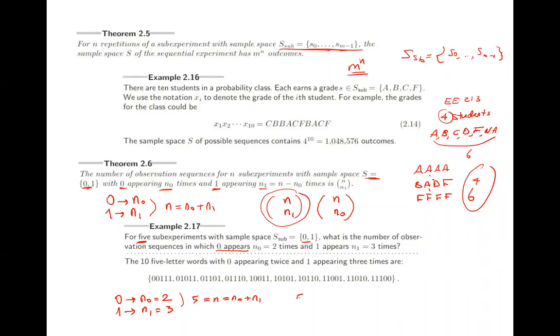So it's going to be simply 5 choose 2, or 5 choose 3. This corresponds to n choose n1, and this corresponds to n choose n0. We then determine the number of outcomes using the formula in the previous slide.